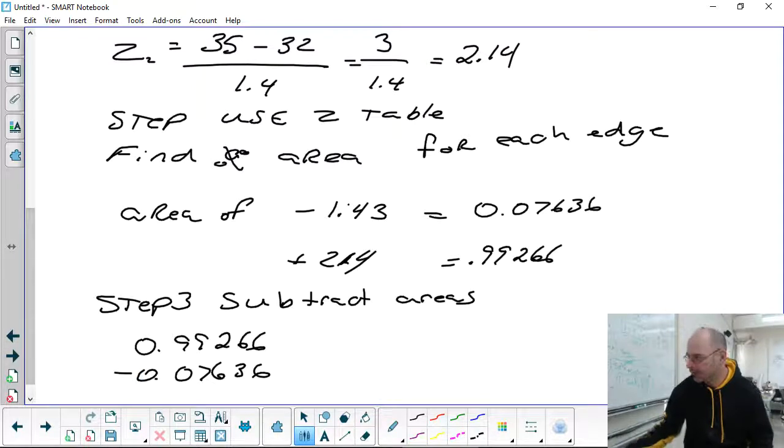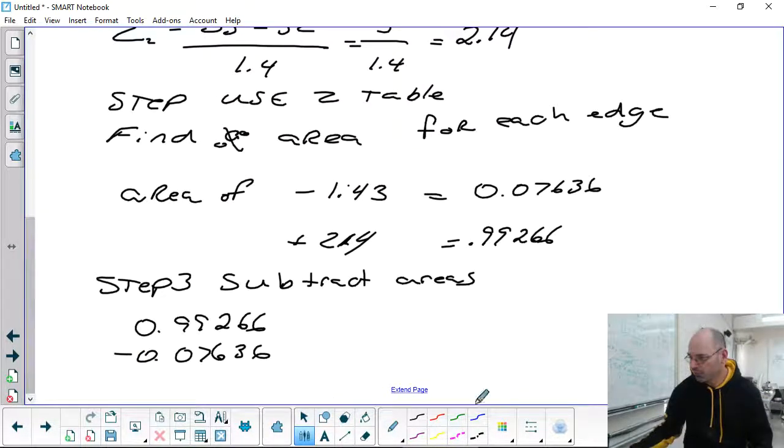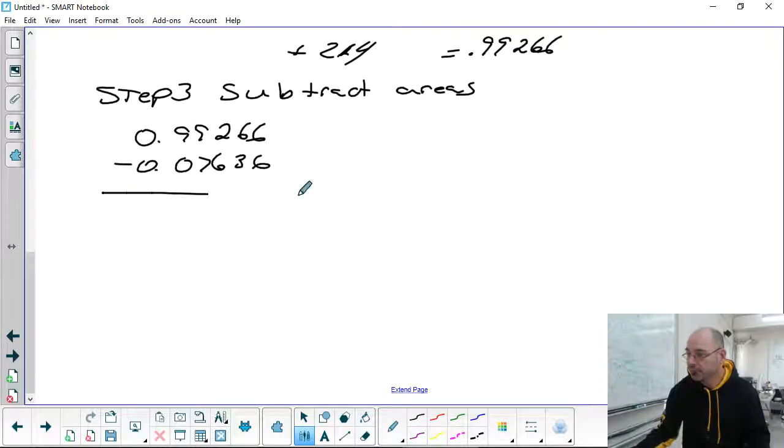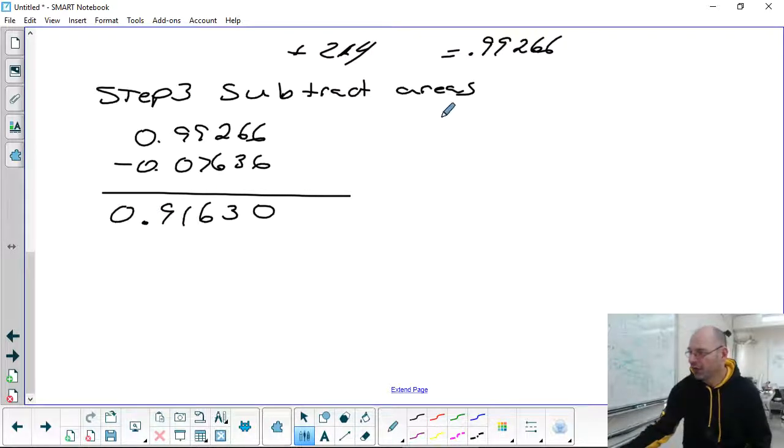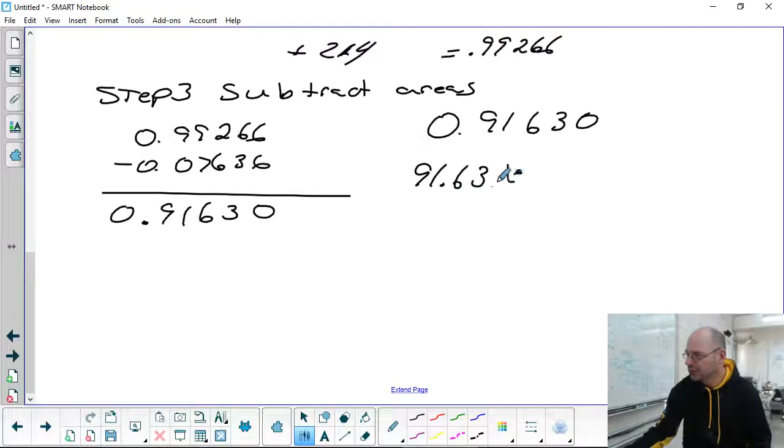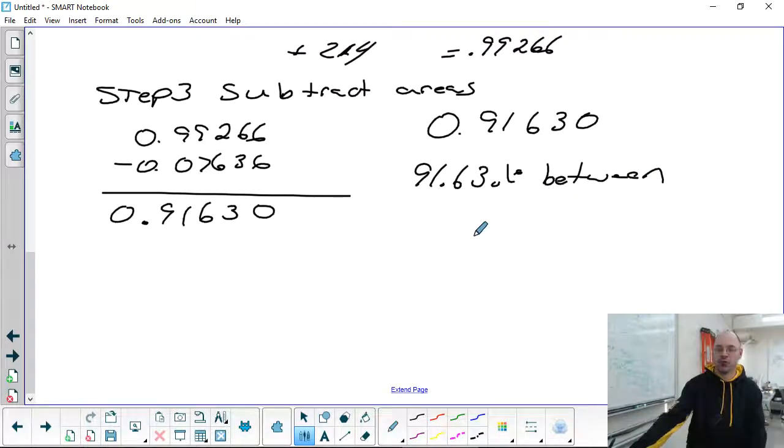So this is going to give us the percentage that is in between those 2 points. So we've got 0.91630. So that means we have 91.63% between those two z-scores, or 30 centimeters and 35 centimeters.